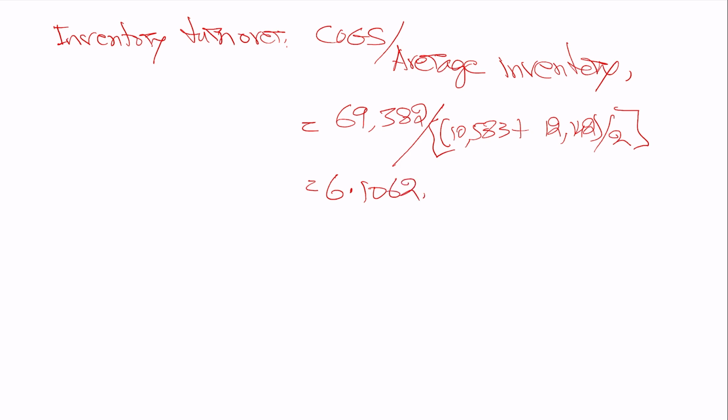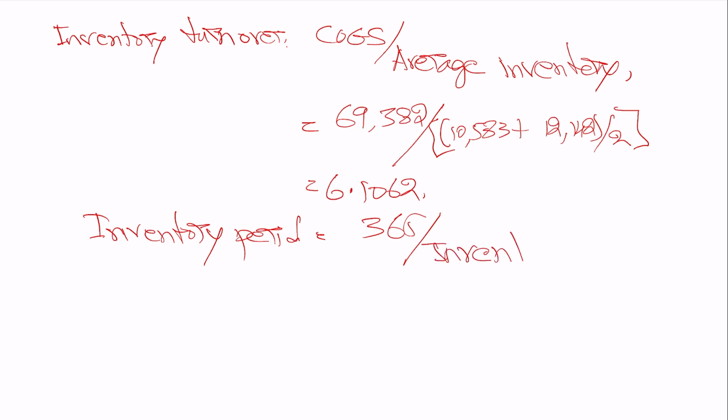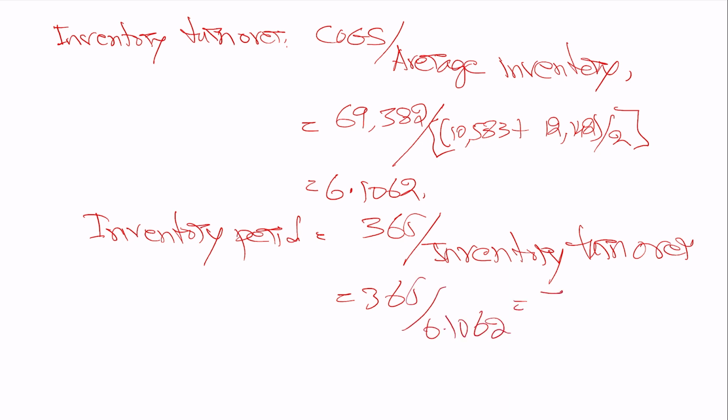Now if we want to find out the inventory period, we divide 365 over inventory turnover. So we see here 365 divided by 6.1062, and we get 59.77 days.